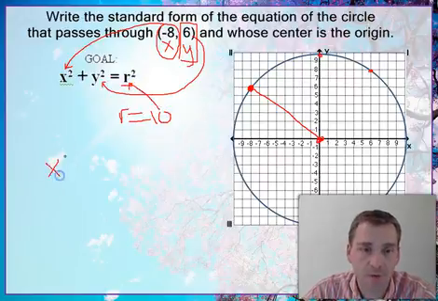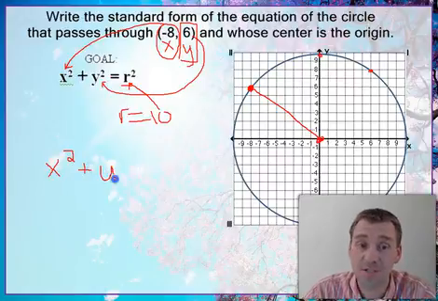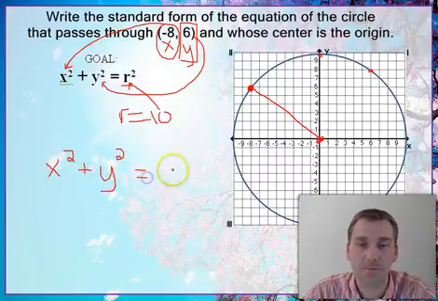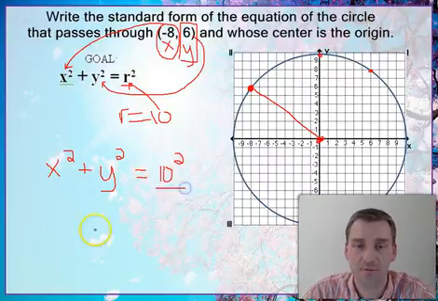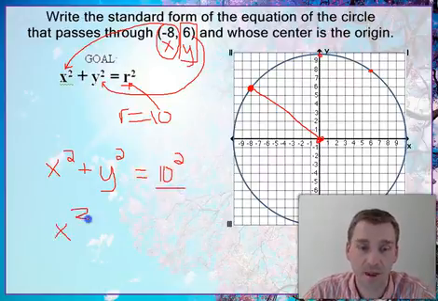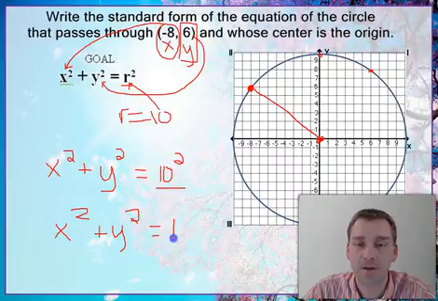So I get x squared. This is my standard form of the equation of a circle centered at the origin, right there. And as I said a little bit ago, all you're looking for is the radius. Found it? So that's 10 squared. Don't leave your answer that way. You just got to finalize that. So my final answer here would be x squared plus y squared equals 100.